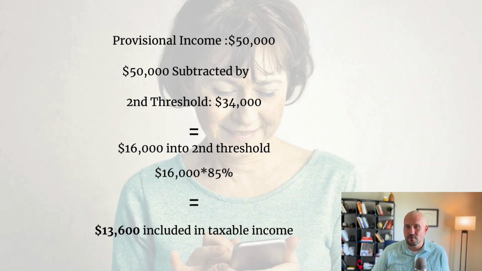What we then want to do is take the rest of her provisional income and subtract the higher threshold. That number is the $50,000 minus the $34,000, and it gives us $16,000. 16,000 times 0.85 gives us $13,600, since 85% of her benefit would be included in this.